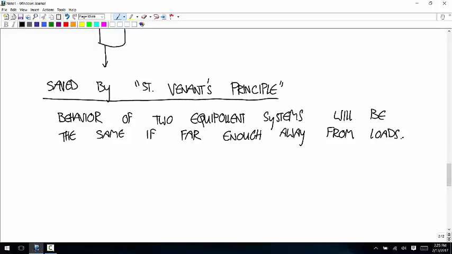Okay, so the rule of thumb distance is this: let D be the longest dimension of the loaded face.